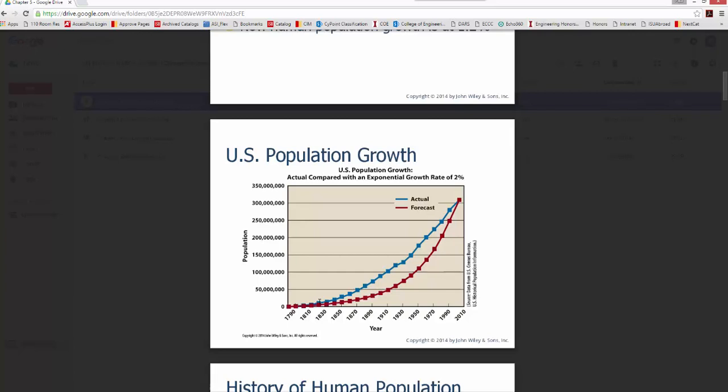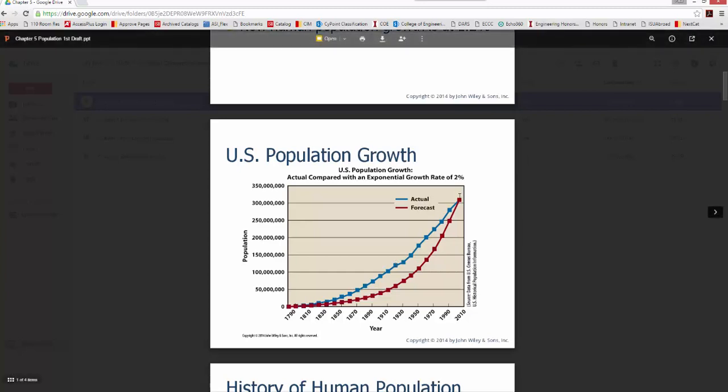But as you see, they begin to diverge right here at about 1850. So now the actual rate of increase is larger than what you see with the exponential curve, the forecasted model. And so we had a much greater rate of increase of population in the U.S.